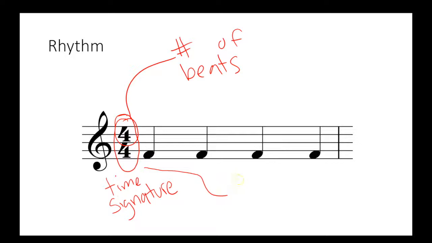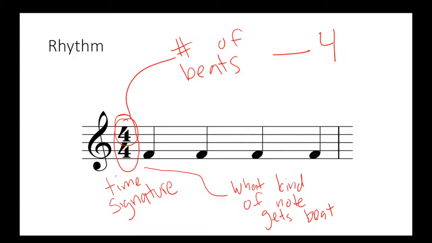The bottom number is telling us what kind of note gets the beat. So in this case, there are 4 beats per measure, and the number 4 means that a quarter note gets the beat. So again, this is the most common one, that 1 beat equals 1 quarter note.